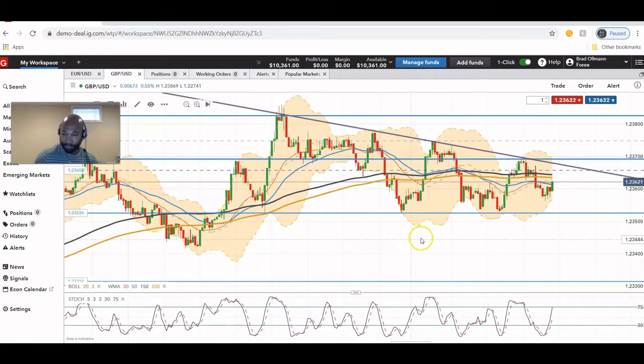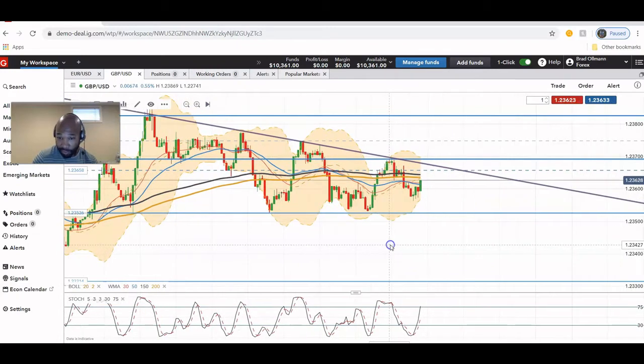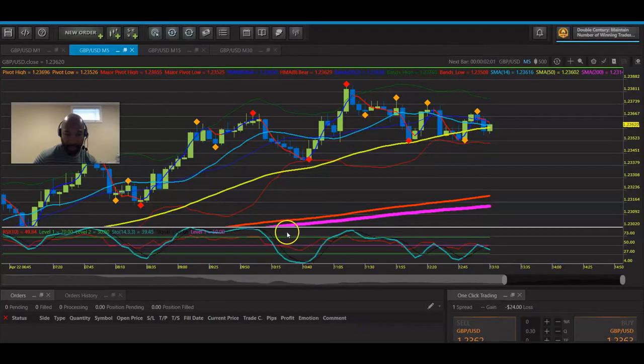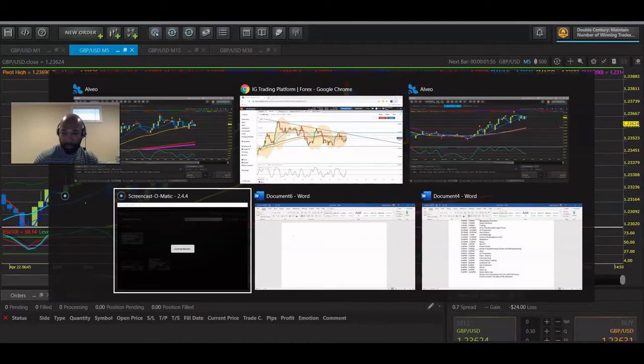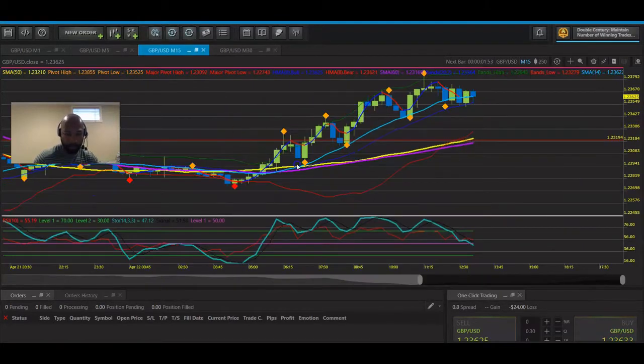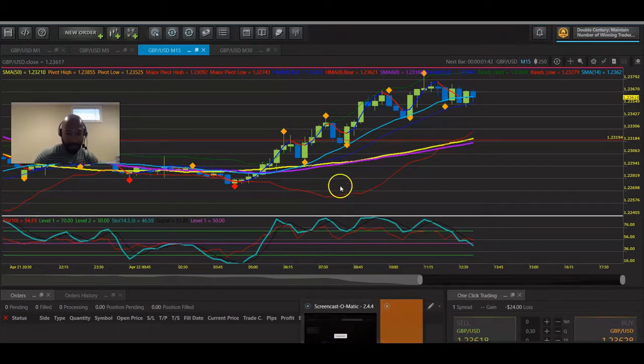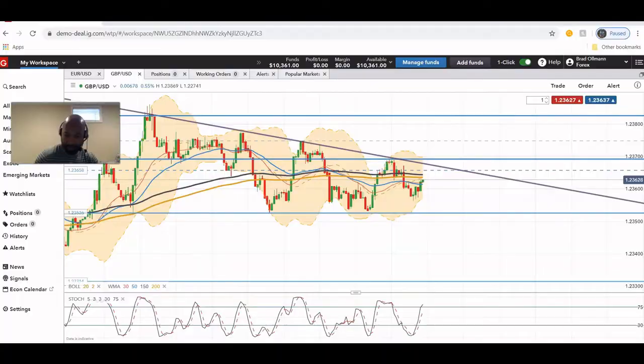Now remember, trend is really, really up. When you look at the 5-minute chart, trend is up. When you look at the 15-minute chart, trend is up. Price action is over the 150 and 200 SMA. So right now we are simply going to play a game of patience so we can win our throne.